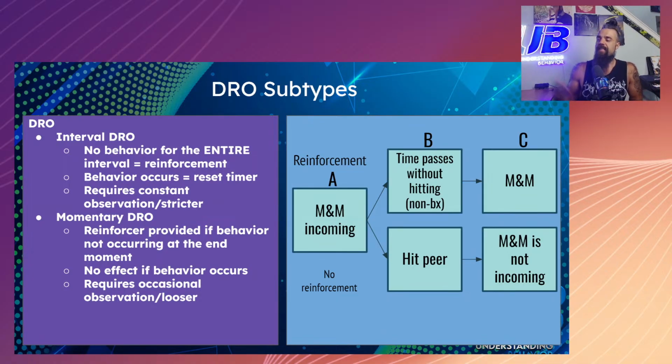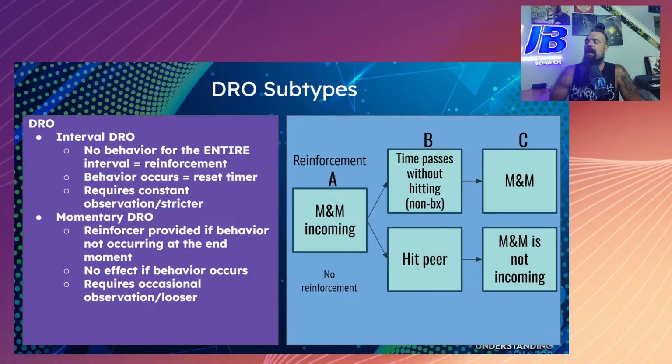So, for example, we might make our DRO 4 minutes when we have an average IRT of 5 minutes. The thought behind that is that we want to cut it a little bit lower, so they are likely to contact the reinforcer before they're likely to engage in the behavior. So that's the logic behind undercutting that a little bit.